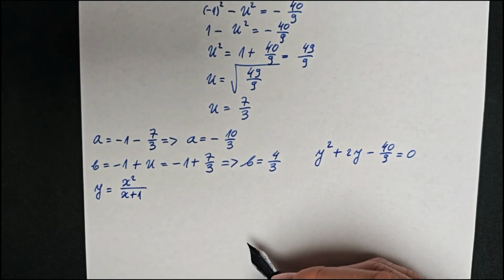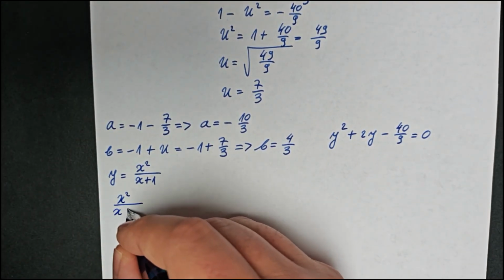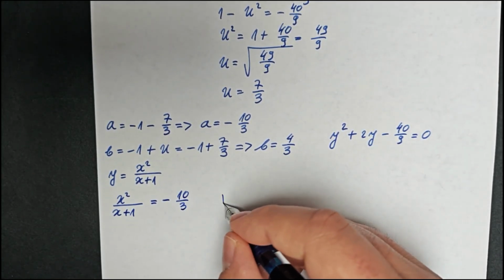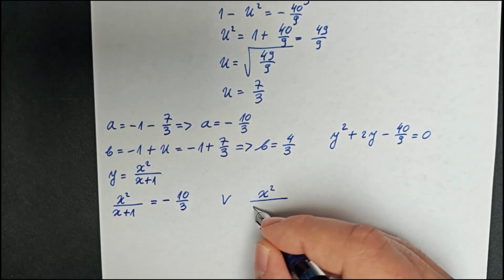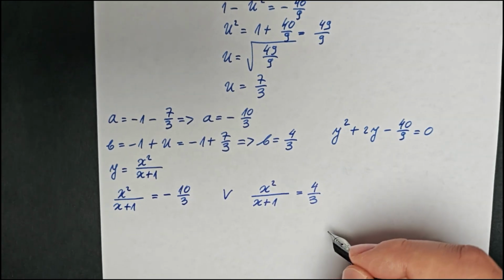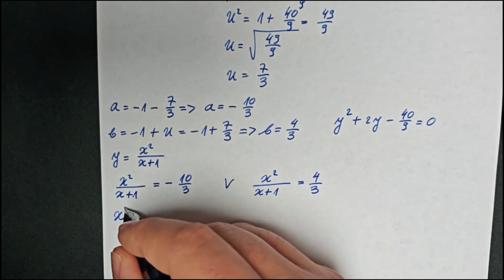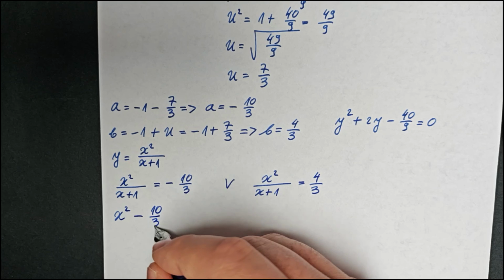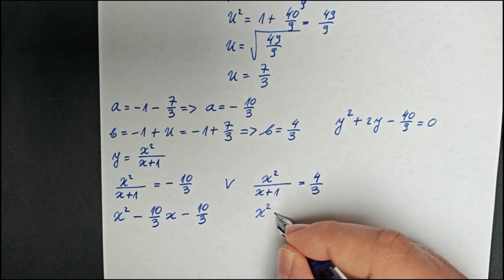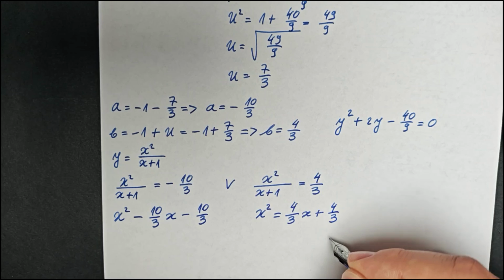And when we return in that substitution, we get that x squared divided by x plus 1 is equal to negative 10 over 3, or in the second case that x squared divided by x plus 1 is equal to 4 over 3. This equation then gets transformed into x squared is equal to negative 10 over 3x minus 10 over 3, and this one is x squared is equal to 4 over 3x plus 4 over 3.